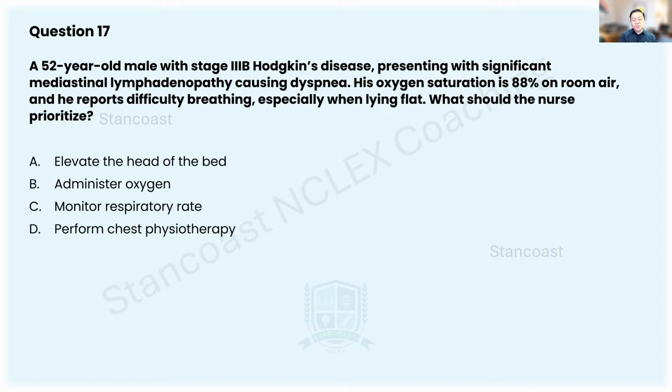So your patient has stage 3B Hodgkin's disease with significant mediastinal lymphadenopathy. And remember, if there is involvement of the mediastinal lymphadenopathy, this can really cause them to be short of breath. And so it said here, oxygen saturation is 88% on room air, and he reports difficulty breathing, especially when lying flat.